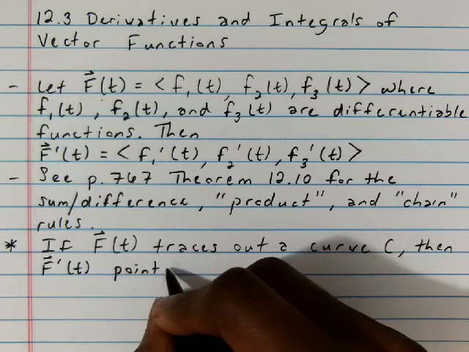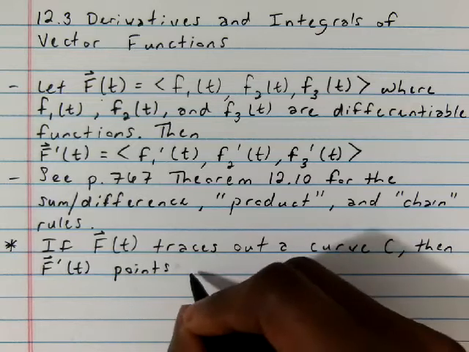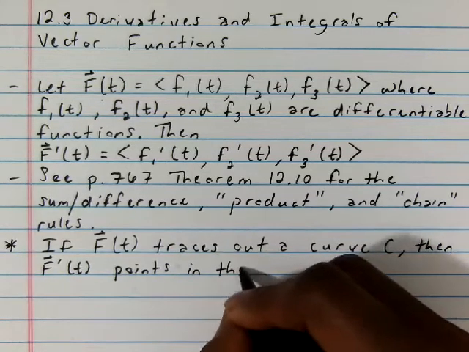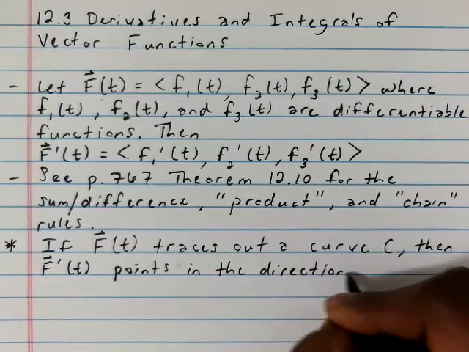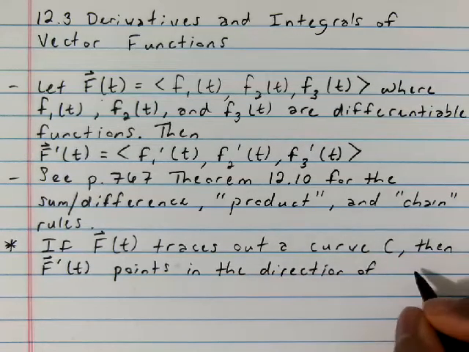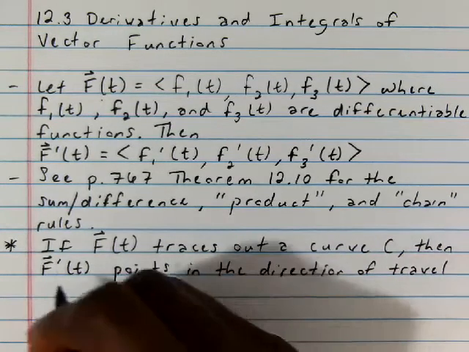F prime of t points in the direction of travel at time t.